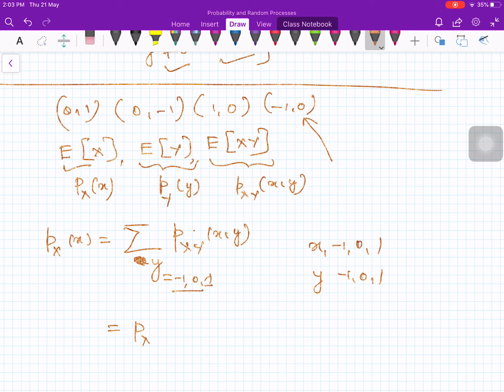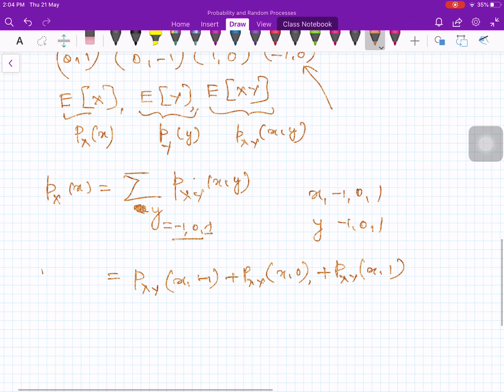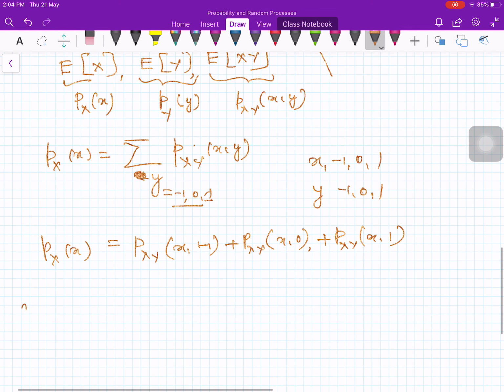Now sum over y over these values. So pXY(x, -1) plus pXY(x, 0) plus pXY(x, 1). Okay, so this is my pX(x). Now substitute x equal to -1, x equal to 0, x equal to 1, and so on.